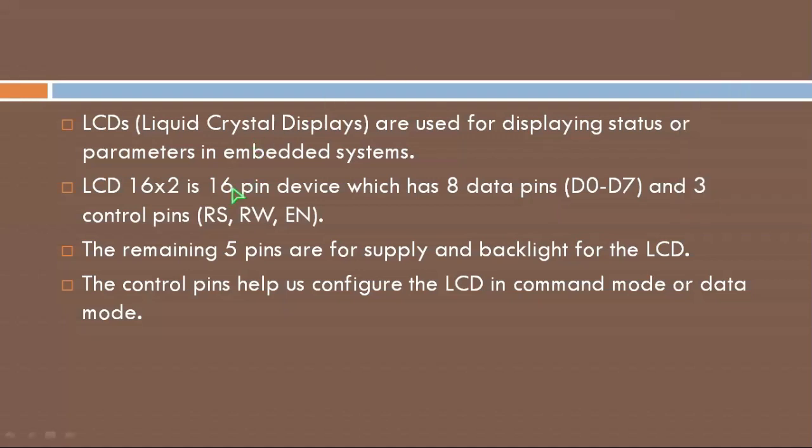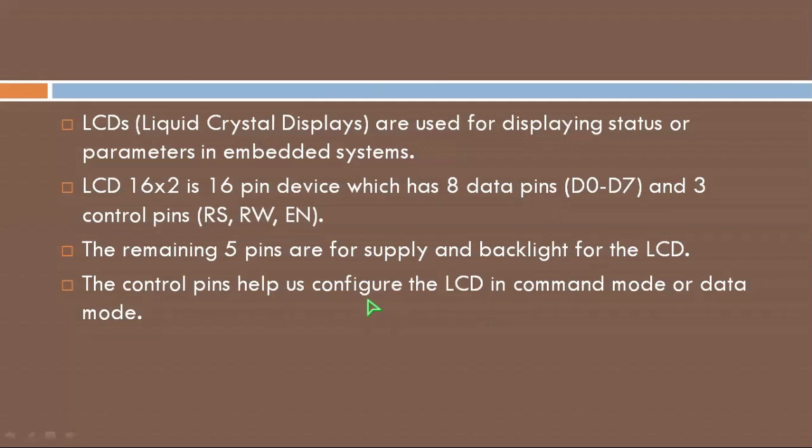and it is a 16 pin device. Among the 16 pins, we have 8 data pins ranging from D0 till D7, and 3 control pins: RS, register select, reading and writing, and enable pin. And the remaining 5 pins are used for the supply of the voltage and the backlight for the LCD.